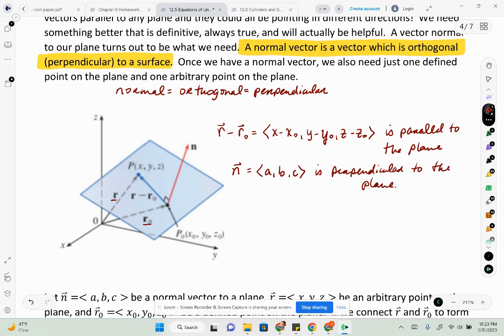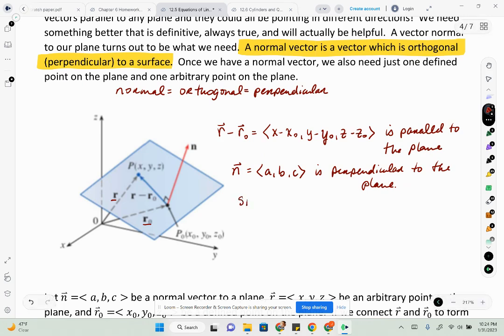And we learned back in 12.3 that if the dot product of 2 vectors is 0, then the vectors are perpendicular. And we learned also the reverse, that 2 perpendicular vectors in a dot product will give you 0.